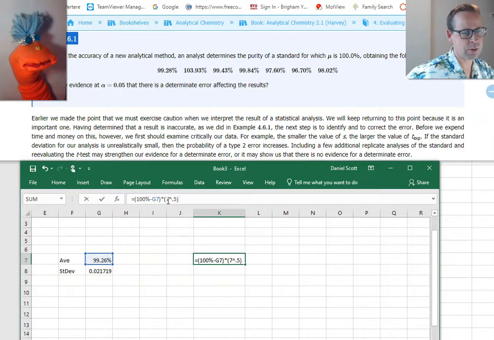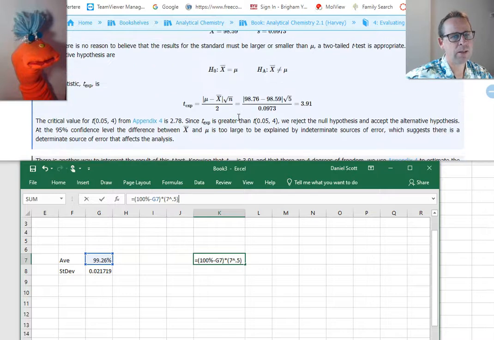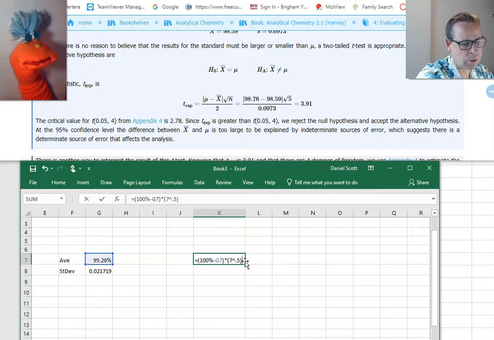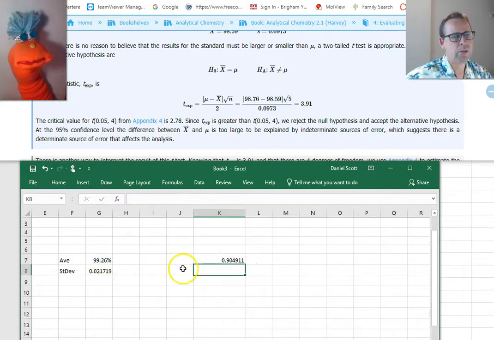I like to do that as opposed to the square root function. Okay? Then divide by the standard deviation. So I can put all of that in parentheses there, and divide by my standard deviation. All right, so I got 0.9049.